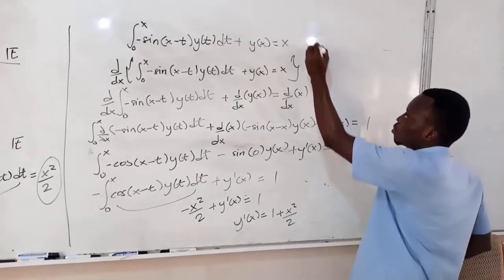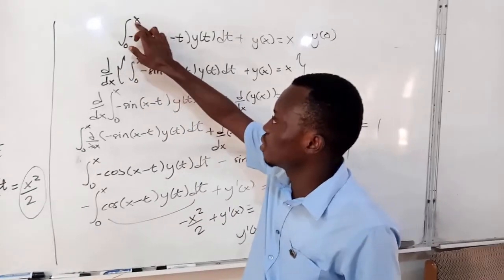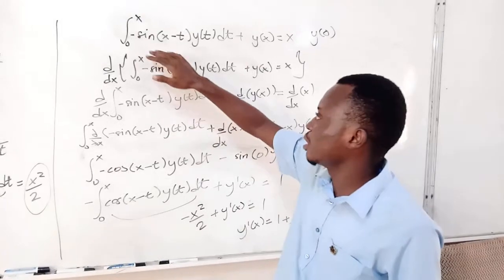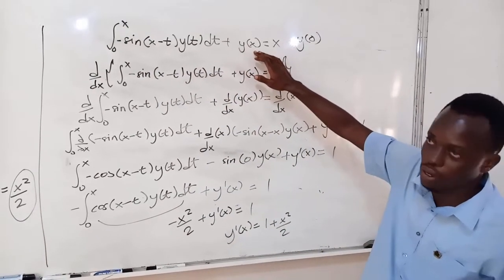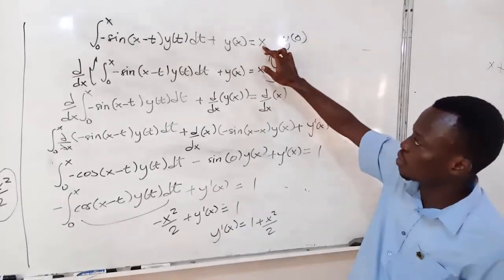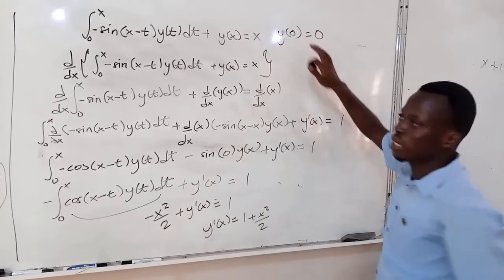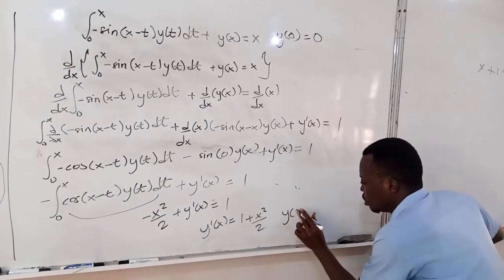So I'm going to get y of 0. If you integrate from 0 to 0, that means integrating at a point, so the whole of this integral becomes 0. Then here becomes y of 0, which is equal to 0, because s is also 0. So this is our initial condition to this ODE.